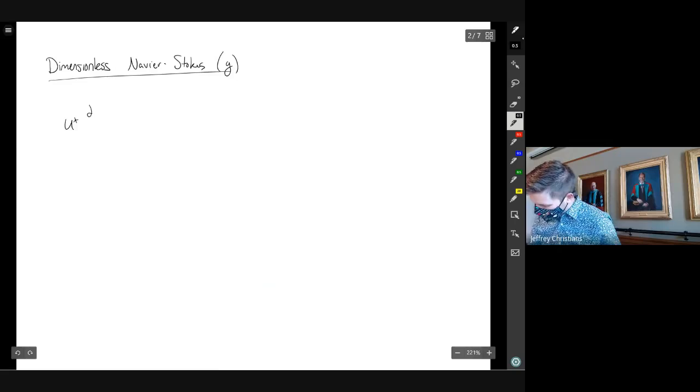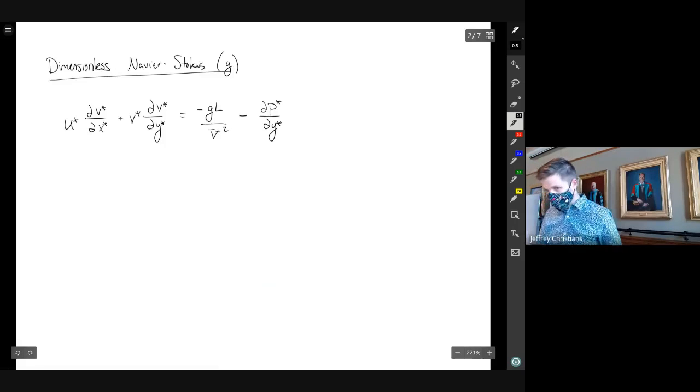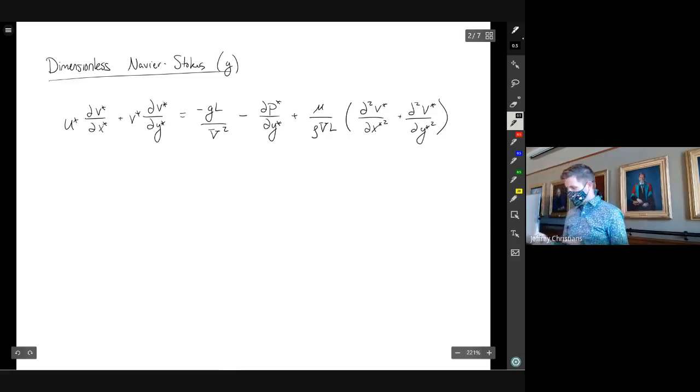The y component was u star dv star dx star plus v star dv star dy star equals minus gL over velocity squared minus d pressure star dy star plus mu over rho VL times d squared v star dx star squared plus d squared v star dy star squared. Okay, it's a big ugly equation.